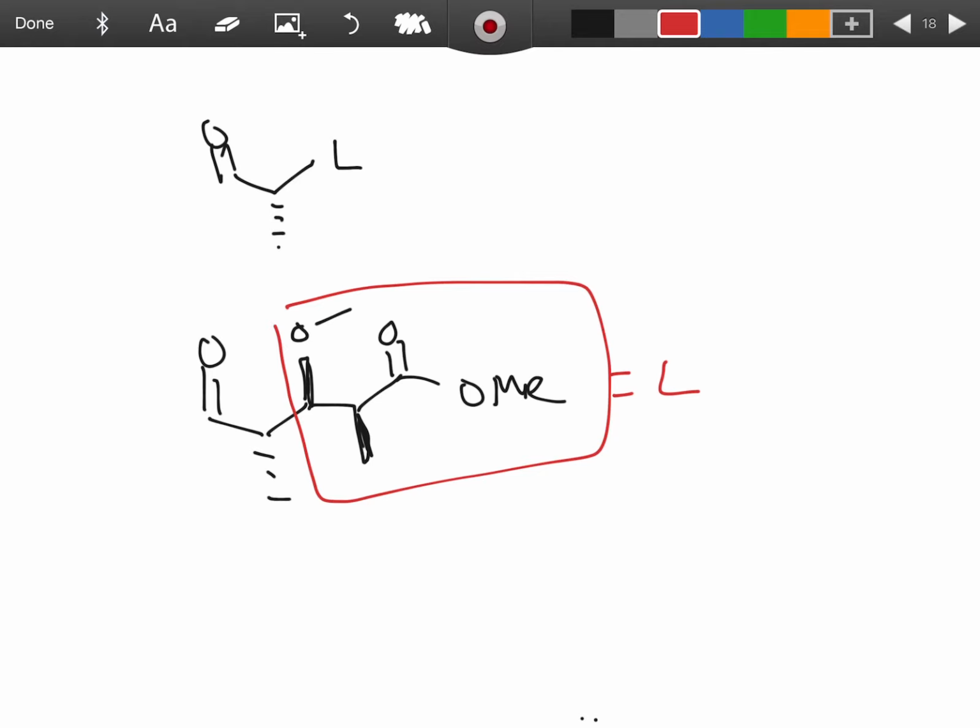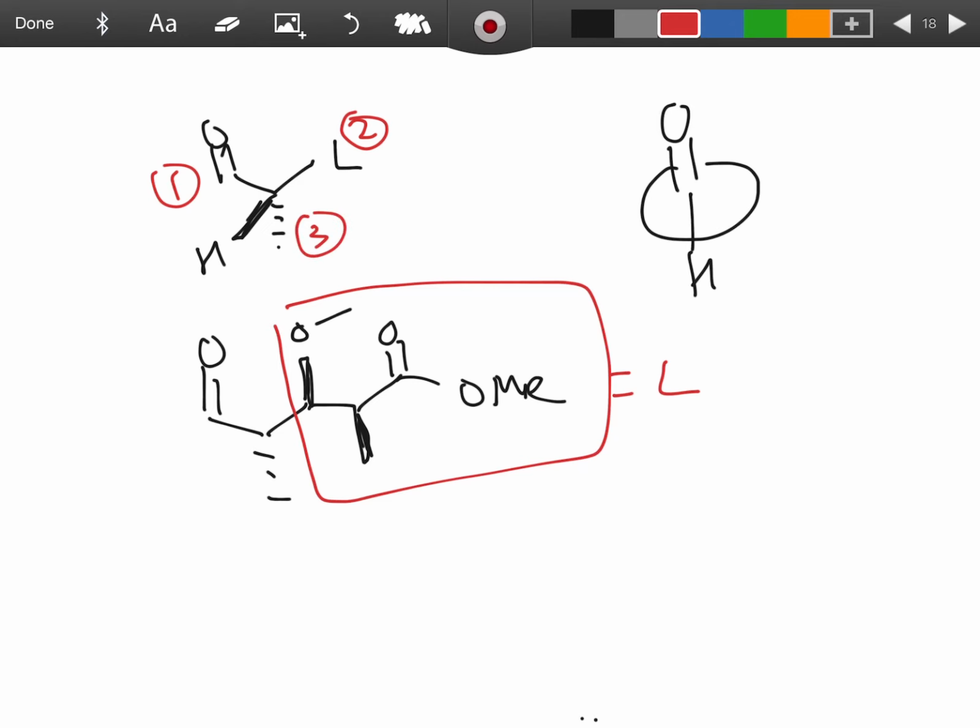So, we know that we're going to do our oxygen, our hydrogen, circle, and we've got to set our stereochemistry to make sure we draw the right stereochemistry. So we're going to be 1, 2, 3, 4.